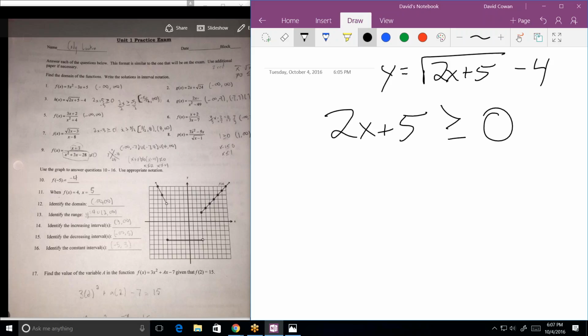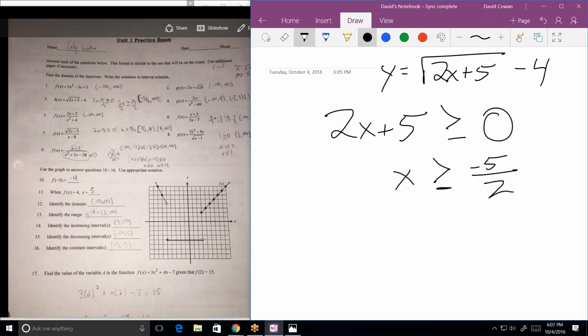Let me do that real quick. Looks like you did it. I forgot you'd done these already. Here, I can follow your work. Yeah, you subtract 5 from both sides, and then you divide by 2, and that gives you X. I divided by a positive 2, so I don't have to switch the direction.